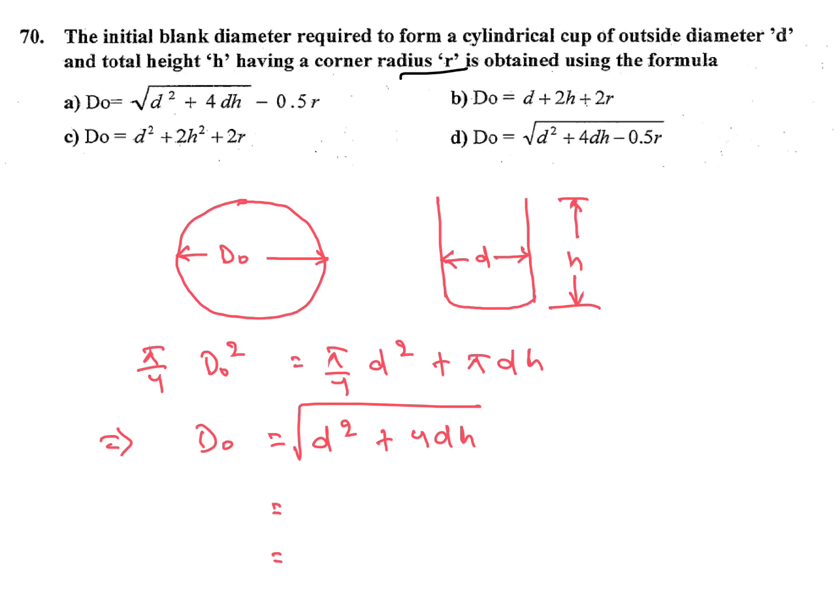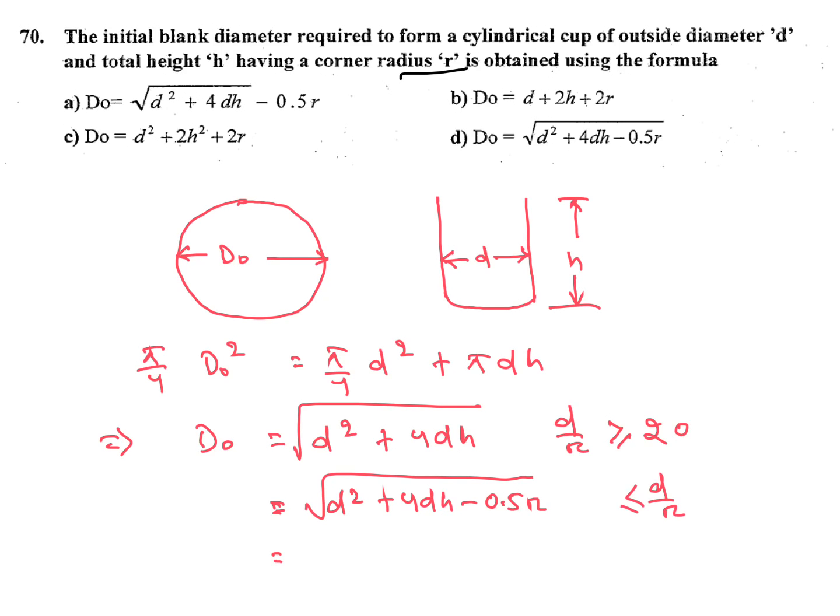Here also three cases, all three cases are important for all exams. In GATE also this question is asked, sometimes IES also. Here d by r greater than 20: root over d square plus 4 d h. When d by r is between 20 to 15: root over d square plus 4 d h minus 0.5 r.